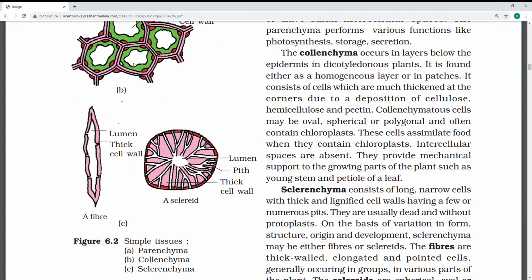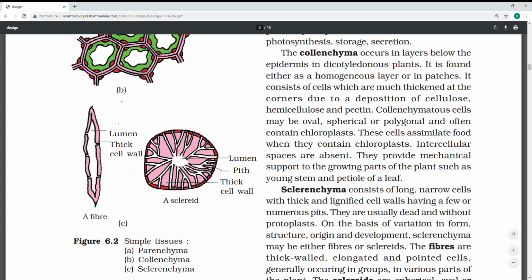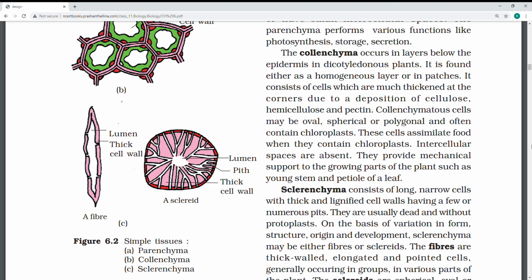See this collenchyma. The types, based on shape, are angular, lamellar, and lacunar collenchyma. Then sclerenchyma is again sclereids and fibers. They are showing the fiber, the tall pink one, that is a fiber.